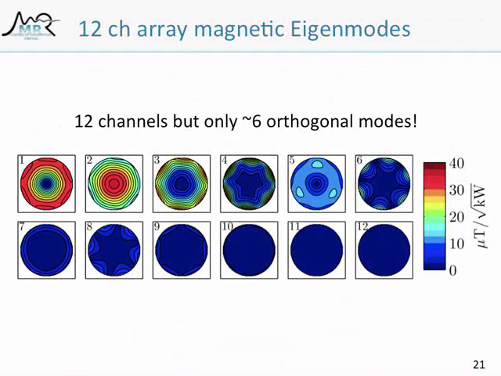And let's do it again for the 12-channel coil, and here we see the same image. Yes, we've got the homogeneous mode, that's now the sum of the first 3 homogeneous electric eigenmodes. And then you can see, okay, in the periphery, we have some modes that give us sensitivity there.